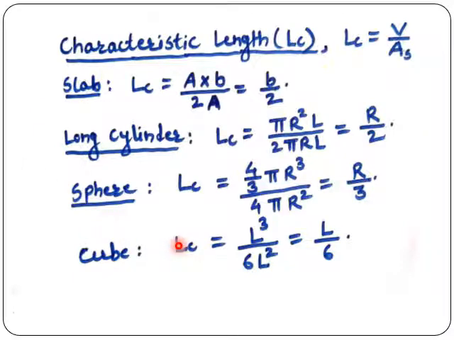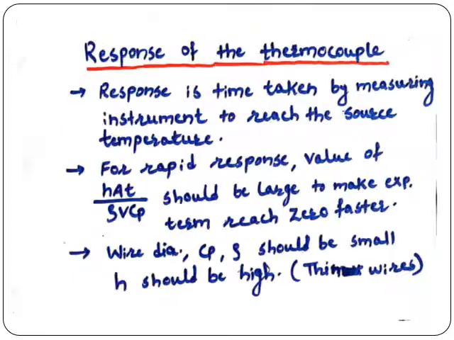If you have Biot number less than 0.1, you can apply the lumped heat capacity approach in analyzing this system. There is another term called the response of the thermocouple, or of any temperature measuring device. Response is defined as the time taken by the measuring instrument to reach the source temperature.